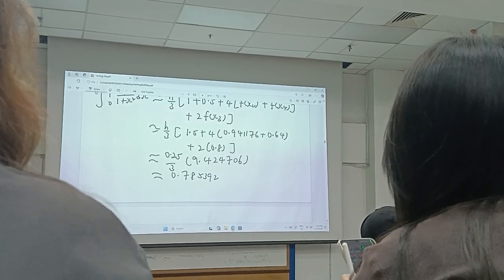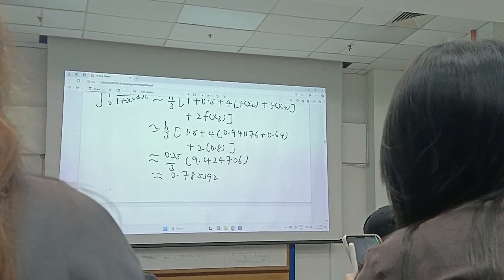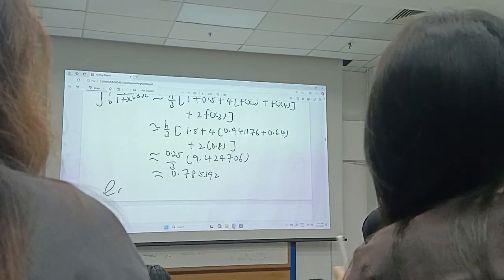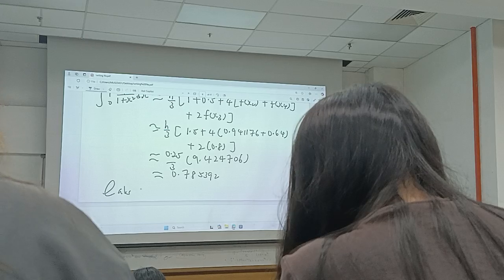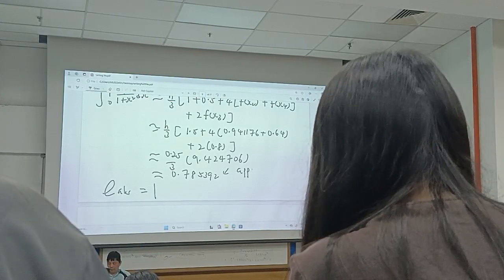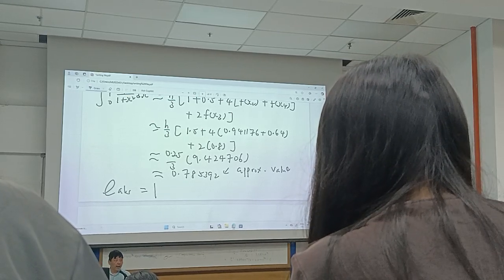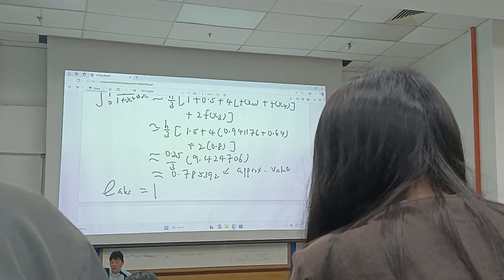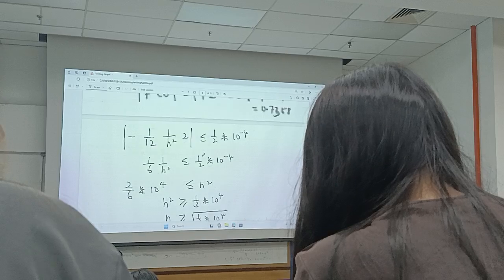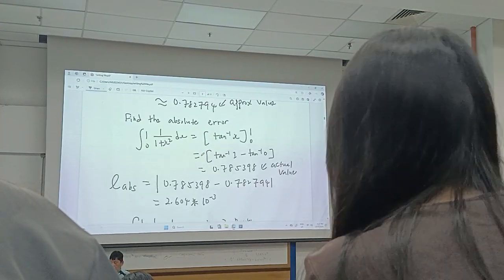So how to count the absolute error? So absolute error. So this is the approximated value. Actual value, just now we have done it, right? This one.